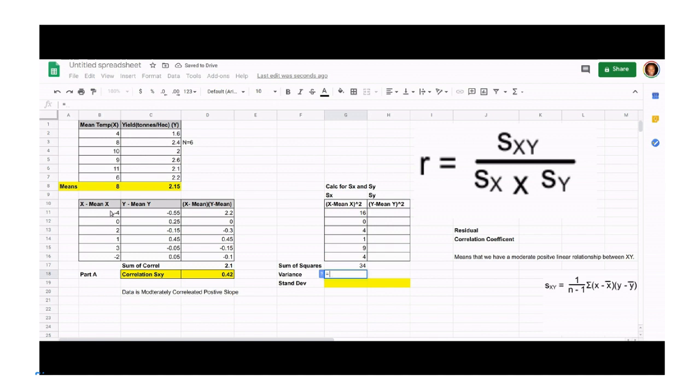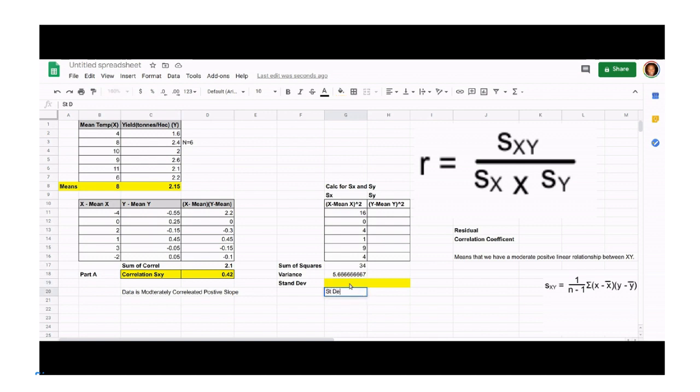So now we have to calculate the variance. So now that I calculate my variance, I divide by the total number, which is 6. So that means we have 5.6667, right? So now to get the standard deviation, all we have to do is take the square root of the variance.